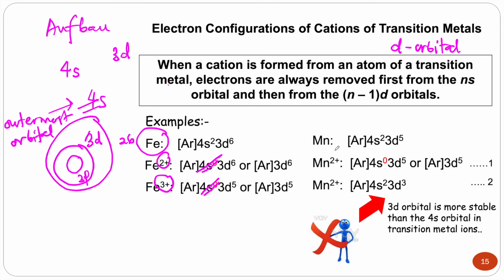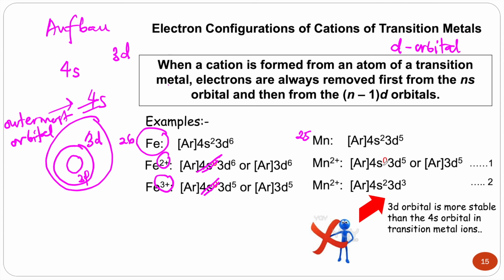For another example, we have here manganese, 25. The ground state, or what we call the neutral atom, is Ar 4s2 3d5. Then you need to remove 2 electrons if you want to have manganese 2 plus.